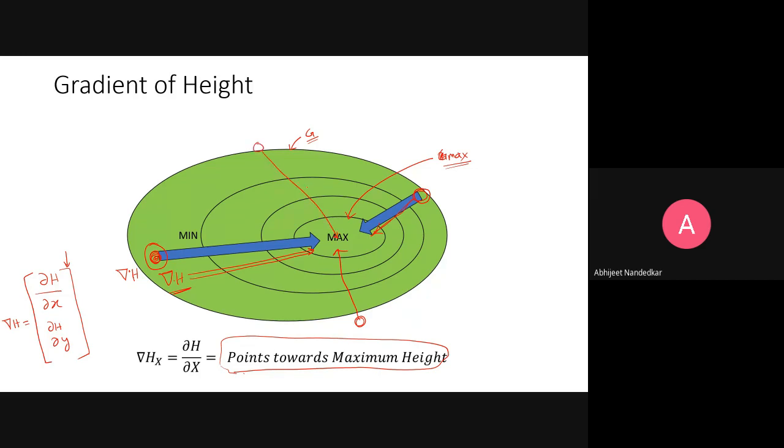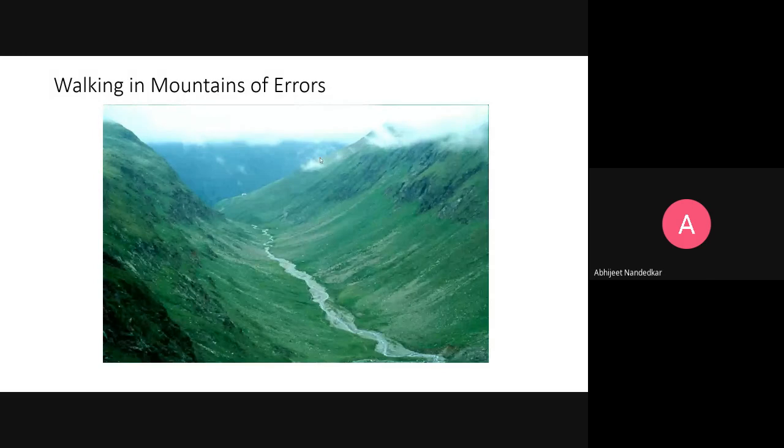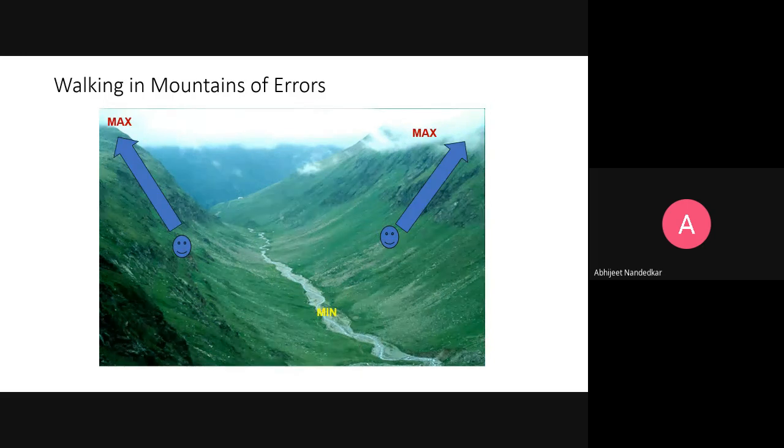So it is always showing you a path where that particular function gets maximized. And if you stand in this valley, you will be pointed towards the maxima of this valley.